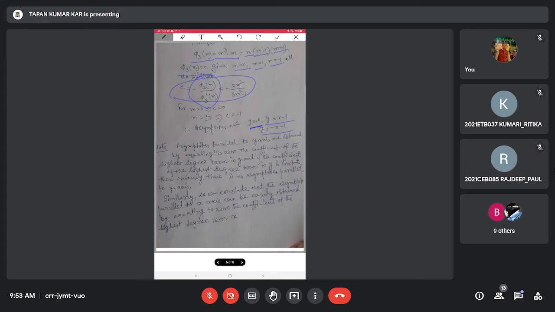Similarly, we can conclude that asymptotes parallel to the x-axis can be obtained easily by equating to 0 the coefficient of the highest degree term in x.